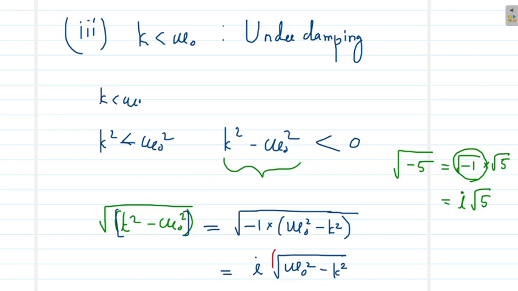Because this quantity is now a positive quantity, omega 0 square minus K square is positive, multiplied by I. And I call this term as I omega, where omega is defined as root of omega 0 square minus K square. Omega 0 is the natural frequency and K is the damping constant, and omega will be the new frequency of the system with which the system oscillates.